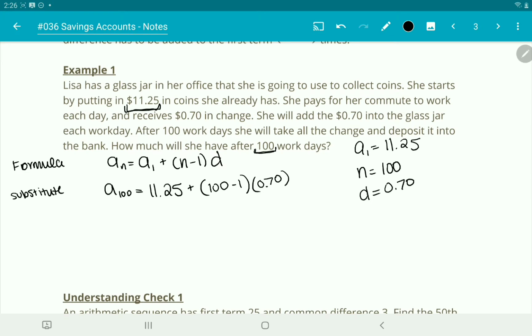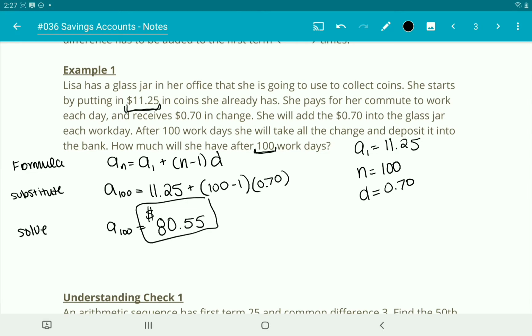Okay? And now we're just going to solve because we're trying to find whatever this a100 is, whatever the 100th term in the sequence is. We type all of this in a calculator, 11.25 plus 99 times 0.70, and you're going to get $80.55. So, after 100 work days, she'll have put $80.55 in coins into her jar.